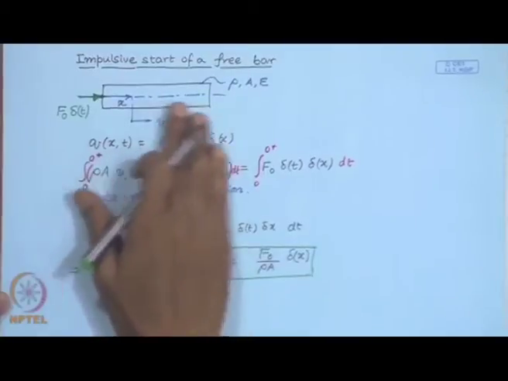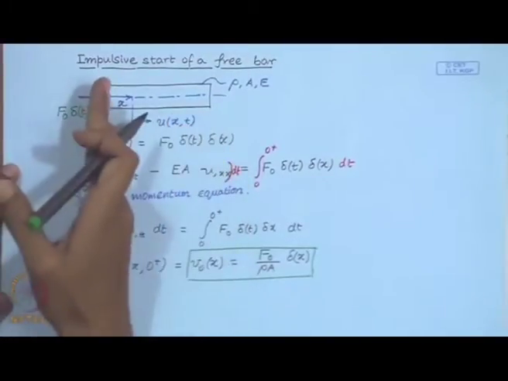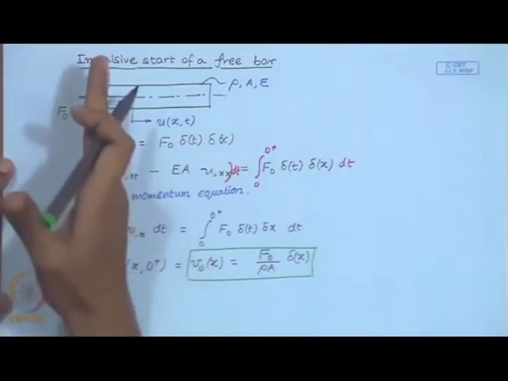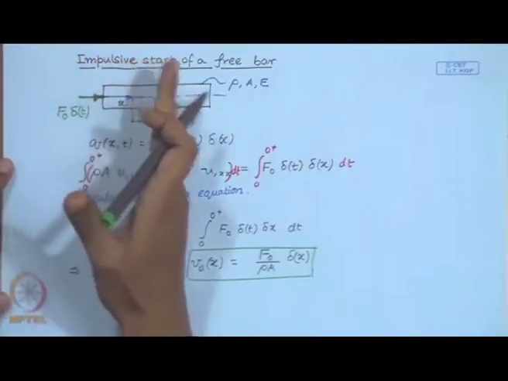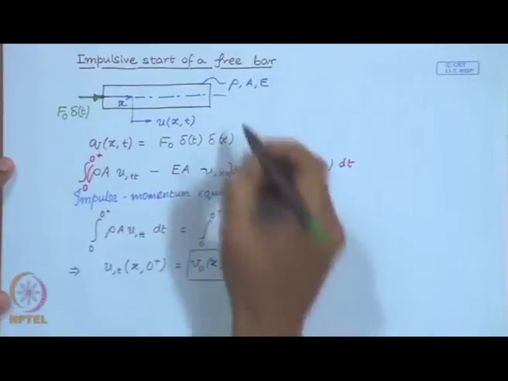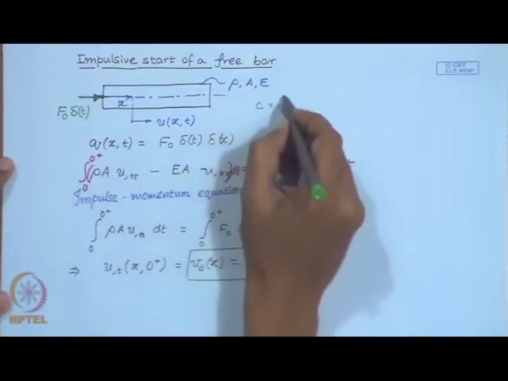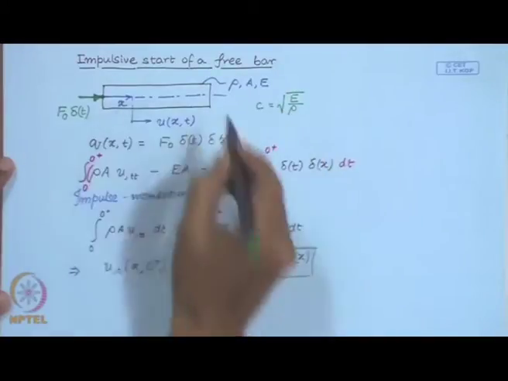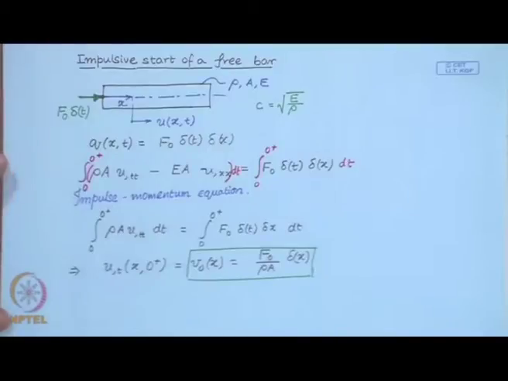So this whole part of the bar is stationary, whereas this layer has acquired a velocity, and that information is going to propagate at the speed c, which is the square root of E over rho. That is the speed of propagation of axial waves.